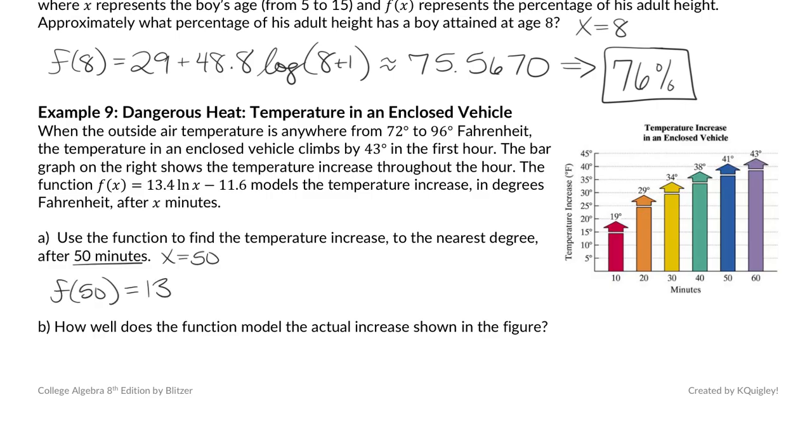When we plug this in, this is why I was making such a big deal about those parentheses, because you're going to put a 50 in that parentheses and close it before you do minus 11.6, because you are not subtracting 11.6 from 50, you are subtracting 11.6 from the quantity 13.4 times natural log of 50. So go to your calculator, type all this in one fell swoop, making sure you use the natural logarithm button.